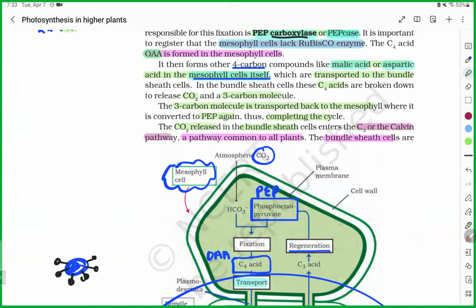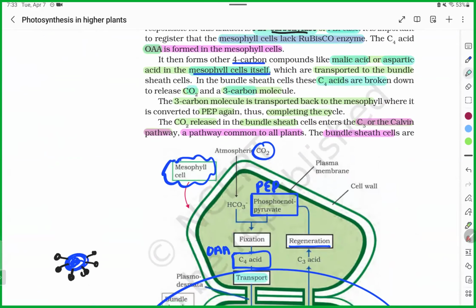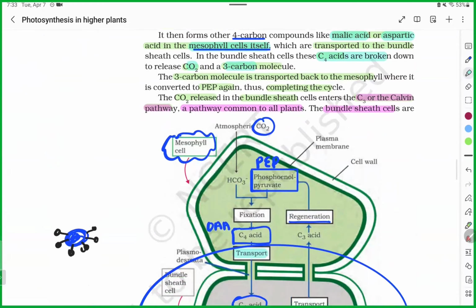In the bundle sheath cell, the C4 acid breaks down to release CO2 and a 3 carbon molecule. These 3 carbon molecules are transported back to the mesophyll, where they are converted into PEP again and the cycle is complete.